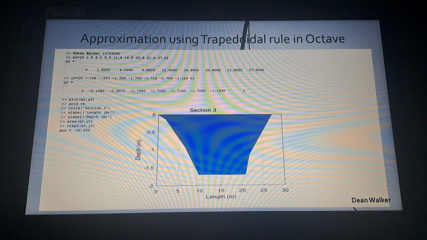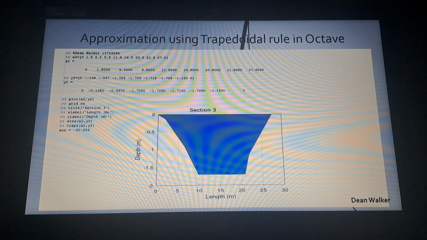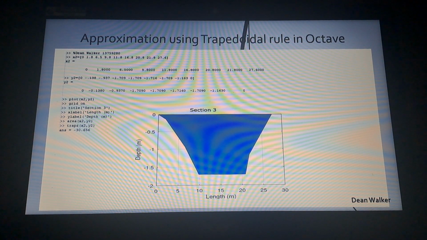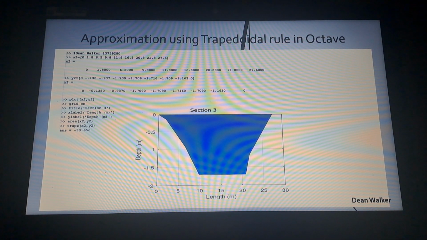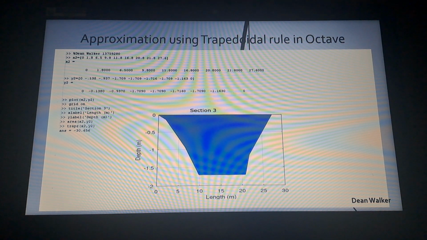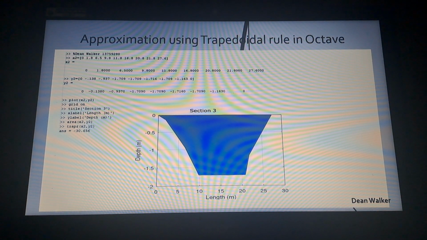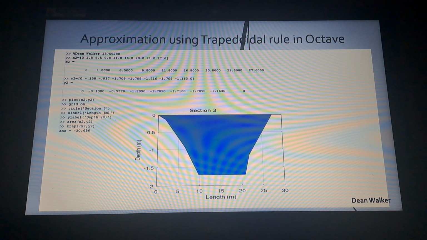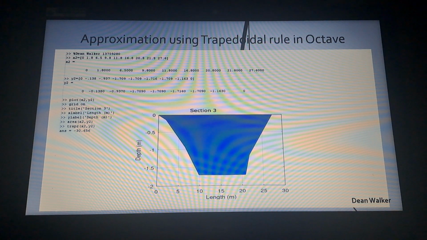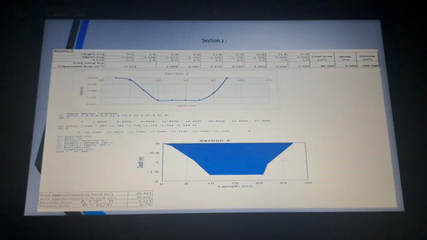In terms of the approximation using the trapezoidal rule, we have Mr. Dean Walker, who has managed to complete the trapezoidal rule in Octave for us, and he has completed each cross section of the pond and provided the answers for it.